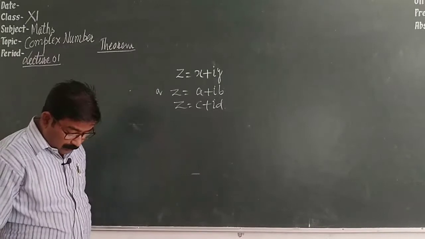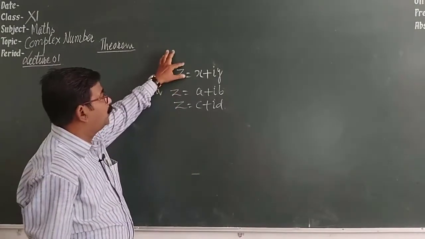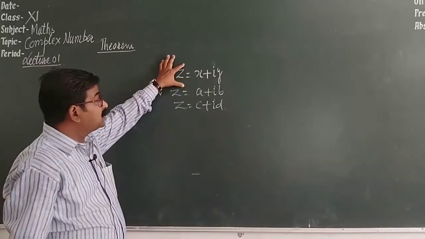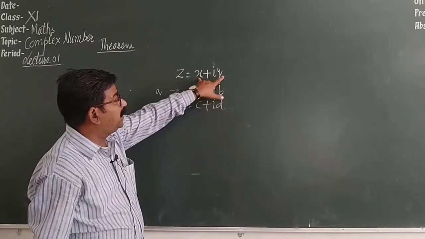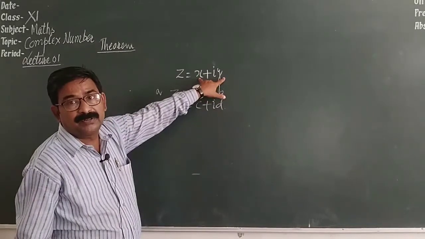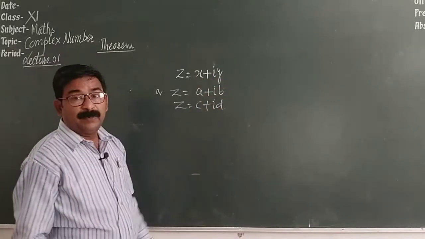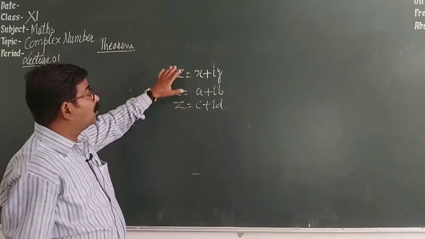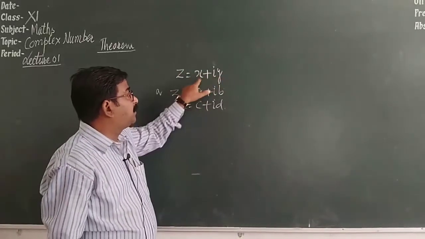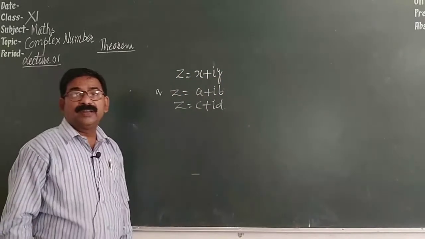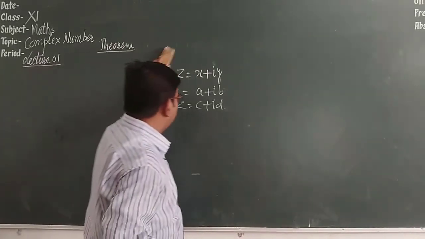So the theorem is that if any complex number becomes zero, it means its real and imaginary parts are zero. x is the real part and y is the imaginary part. So we are going to prove this theorem.